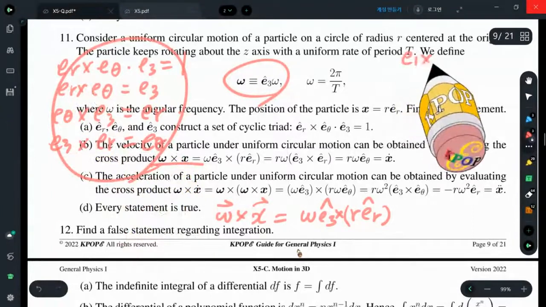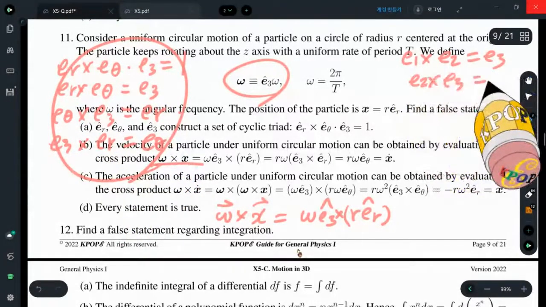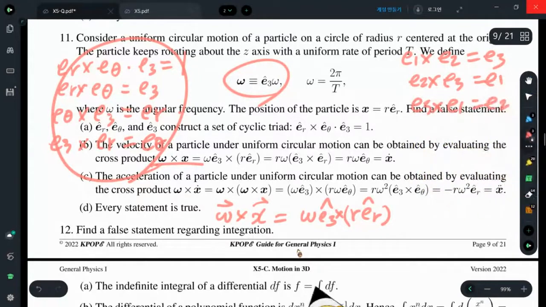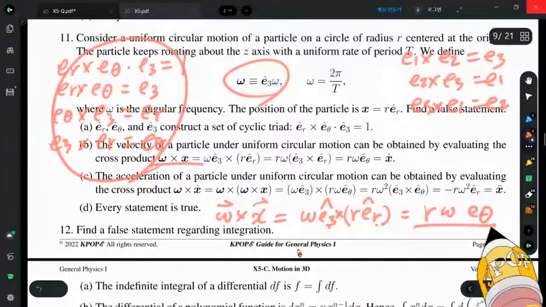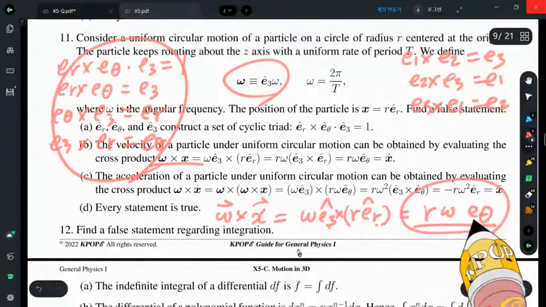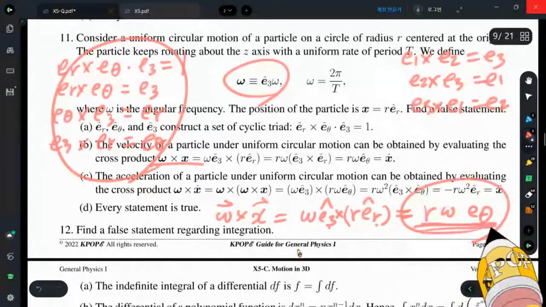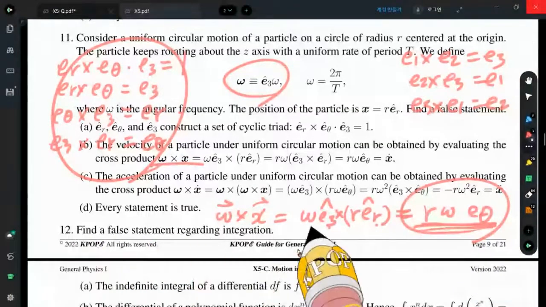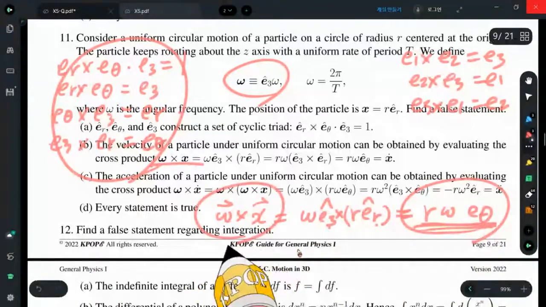Just like e_1, e_2, e_3, e_2, e_3, e_1, e_3, e_1 equals e_2. So e_3 cross e_r is e_theta. So r omega e_theta. Aha, this is what we know. This is a tangential velocity. In a uniform circular motion, tangential velocity can be interpreted as omega cross x.